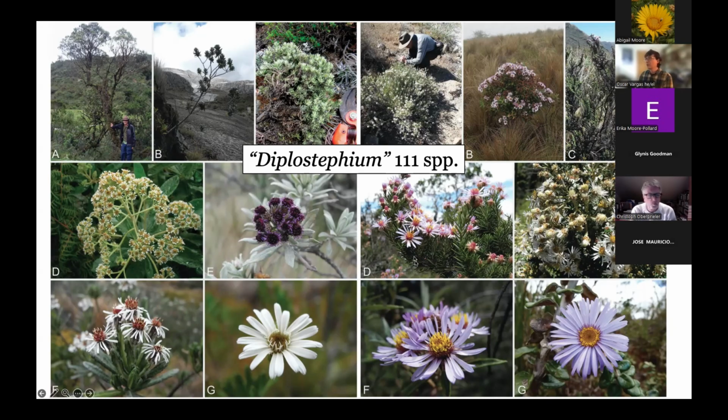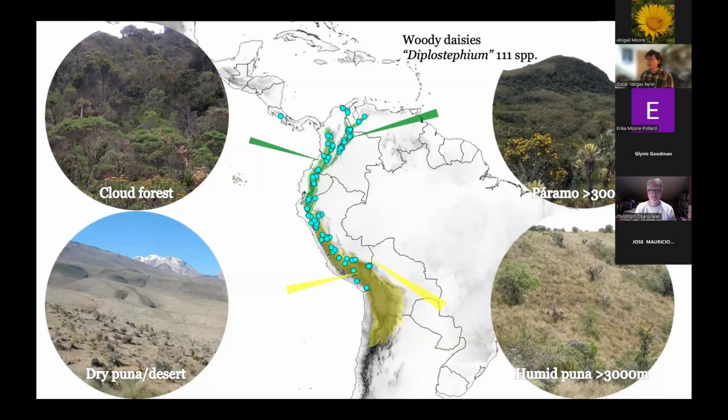And then once you get really high in elevation, you might have a reduction to a single head. And many times when you have a single head, then you're going to have more flowers in those heads, which is kind of cool.